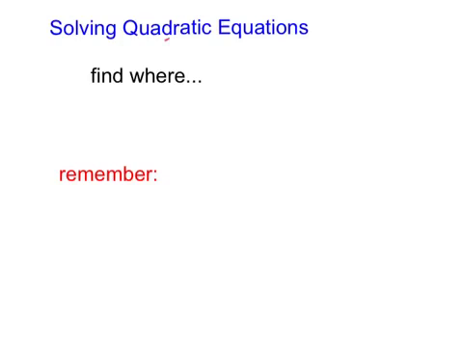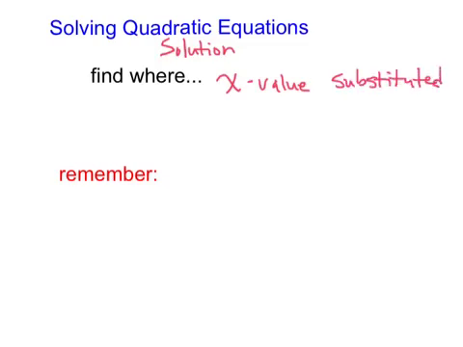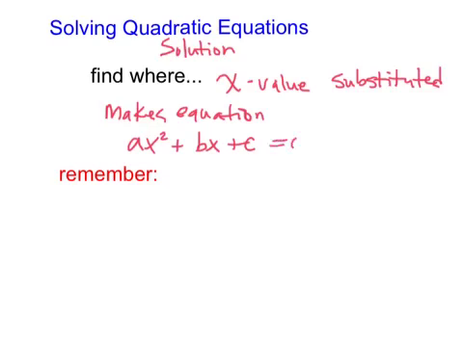So what we're looking for is a solution, and that solution is some x value that, when it's substituted, makes the equation true. So we're looking for some x value that we can put into ax squared plus bx plus c equaling 0.